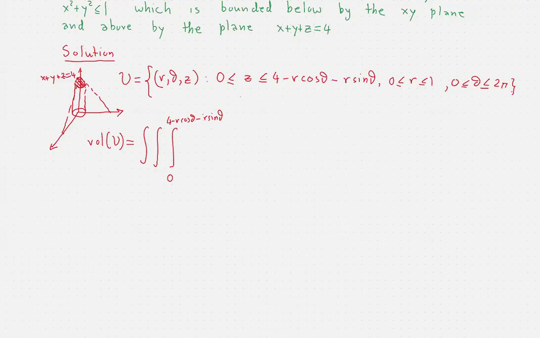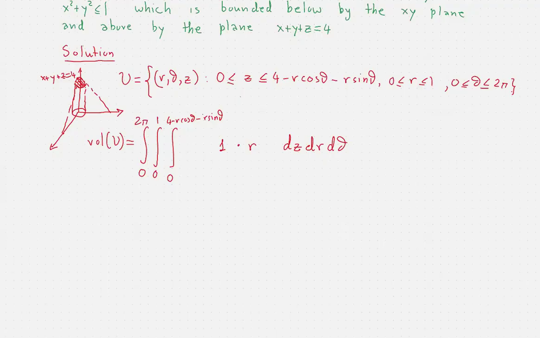And then the other integrals are much simpler. So we have 0 to 1 dr and 0 to 2 pi d theta. The integrand, as we said, is 1, and that doesn't change in any kind of coordinates. And we shouldn't forget to multiply by the Jacobian of the cylindrical coordinates, which is r.